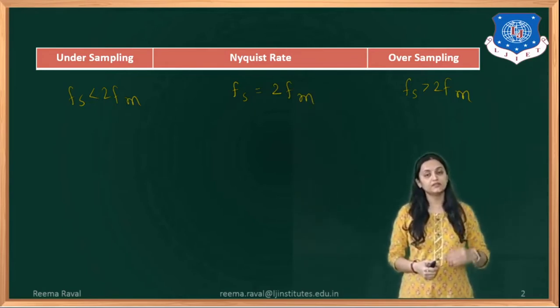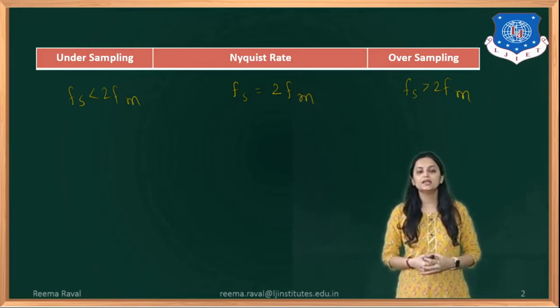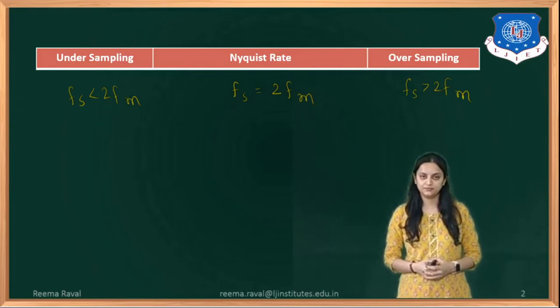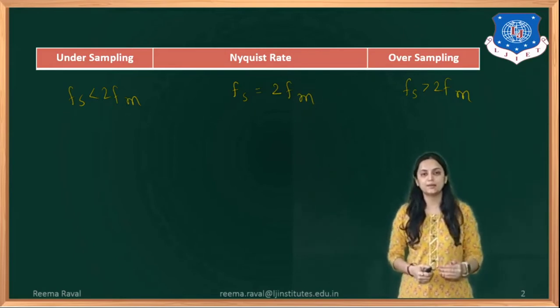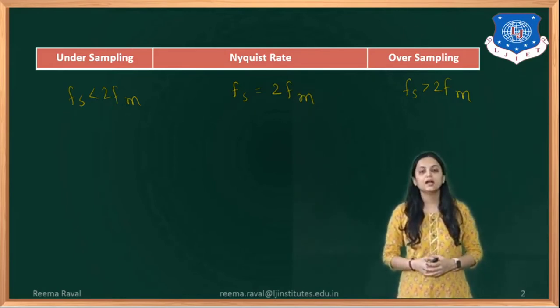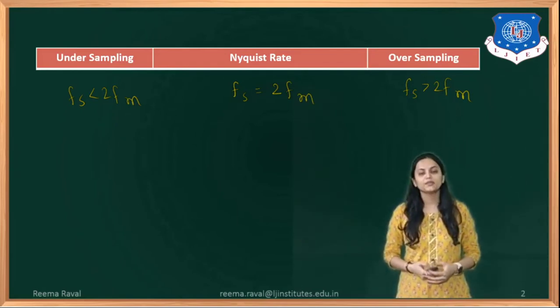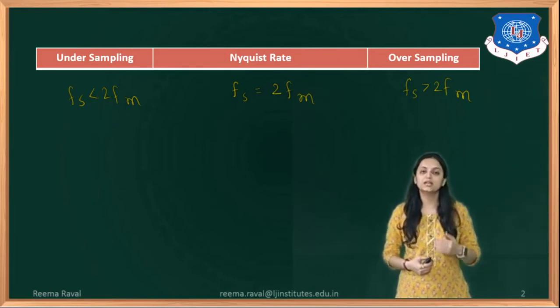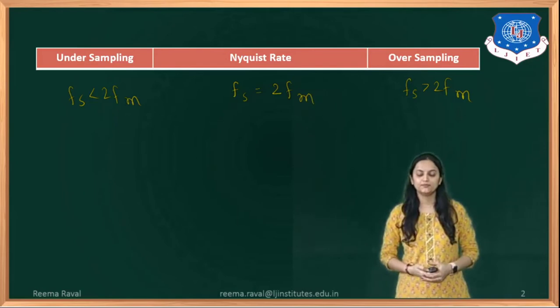And if the sampling frequency is less than twice Fm, that is the third condition, it is called undersampling. So here three conditions are indicated: undersampling, Nyquist rate, or as you can say the exact sampling condition which is satisfied, and oversampling. Now let us see the examples based on this Nyquist rate, and let's see how we can find out from the given sequences the Nyquist rate and Nyquist interval.